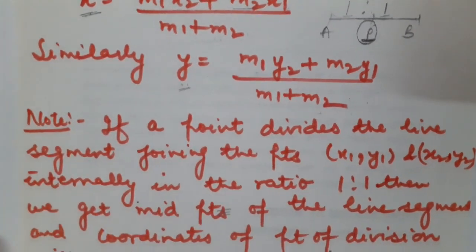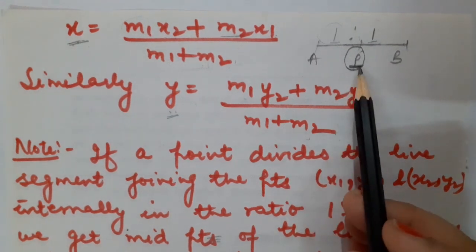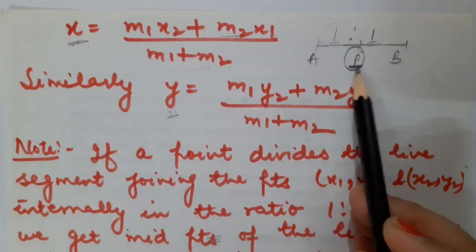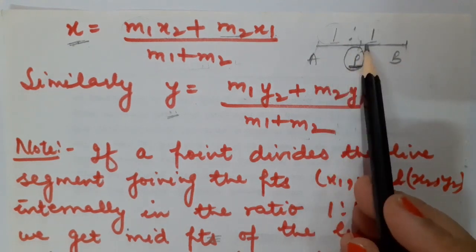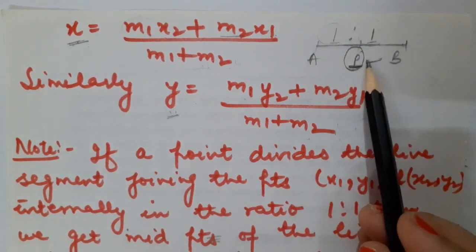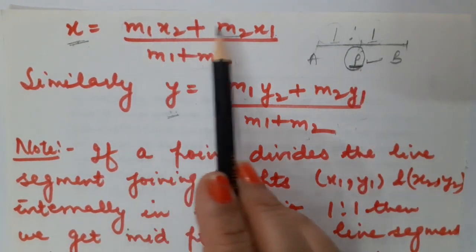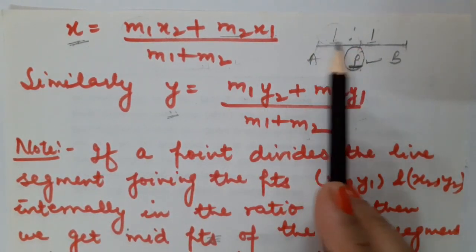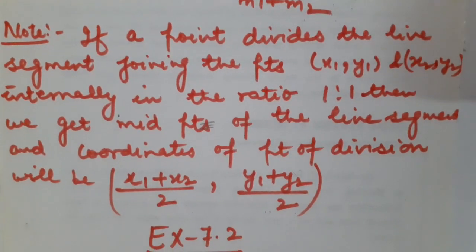Okay. Now, one small point I want to add in it. Suppose, children, if I know that this point P, which is basically the point of division, is going to divide the line segment in the ratio 1:1. Then, children, in that case, P will be considered as the midpoint. So, in place of m1 and m2, you can just insert 1 and 1. Okay. So, what will be the coordinates of P in that case?